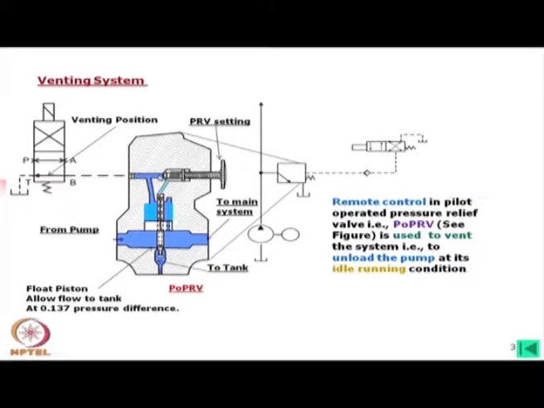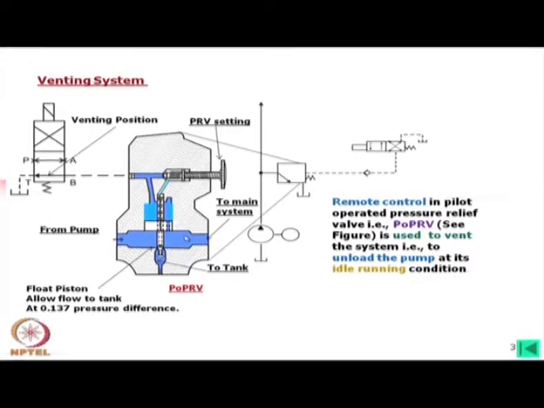Once this opens, flow will begin. As there is a flow on this side, there is a pressure drop here. So this piston, which has equal areas exposed on both sides, will have an upward thrust. With this upward thrust, this will move and oil from here will go to the tank. So this is actually what you can call a pilot operated pressure relief valve.